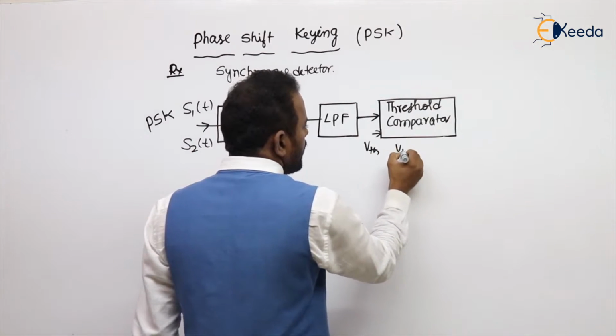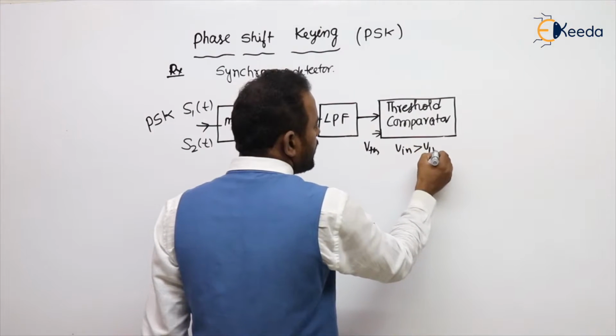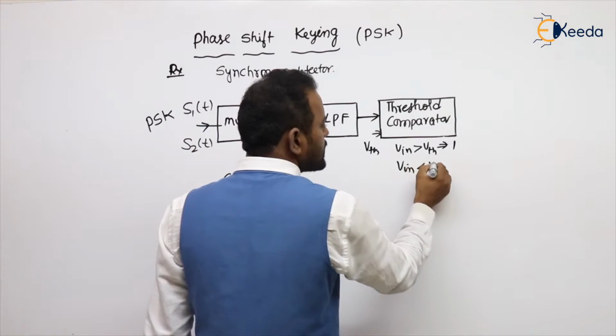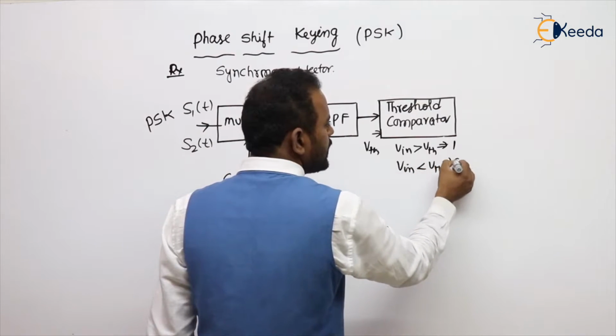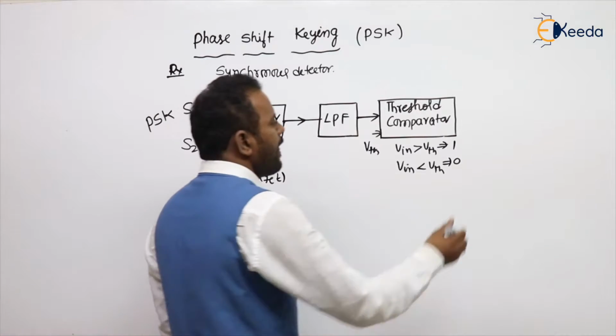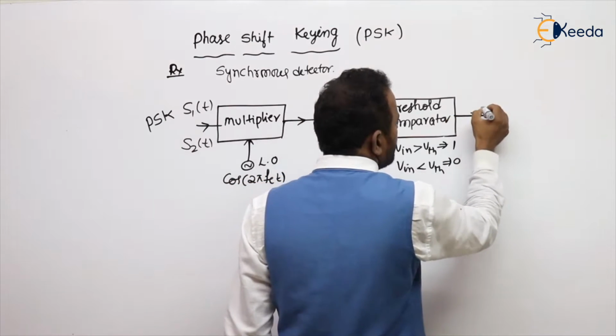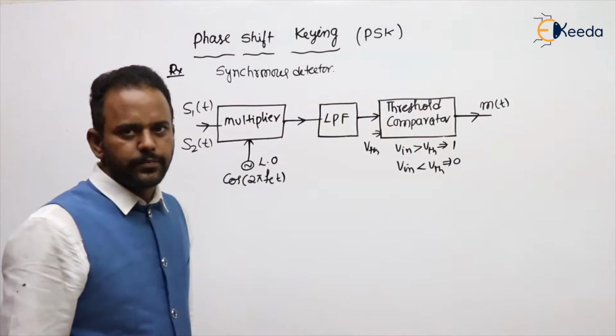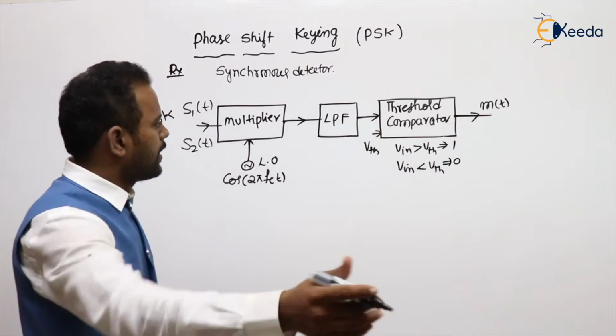Whenever the input is greater than VTH, it will generate symbol 1. Whenever the input is less than VTH, it will generate symbol 0. Are you getting my point? The output is nothing but M of t.